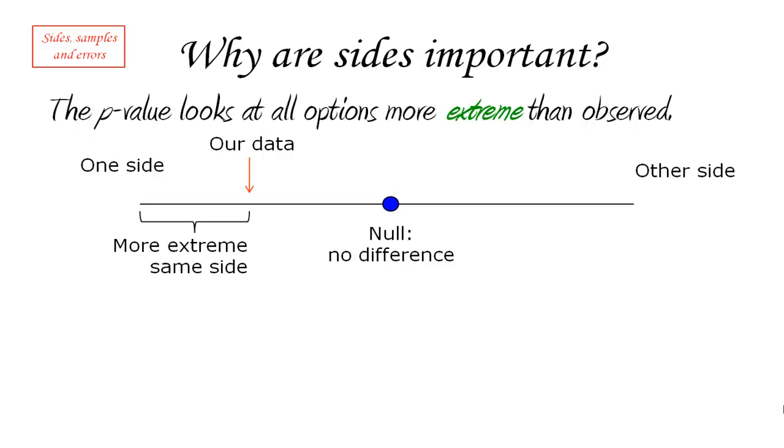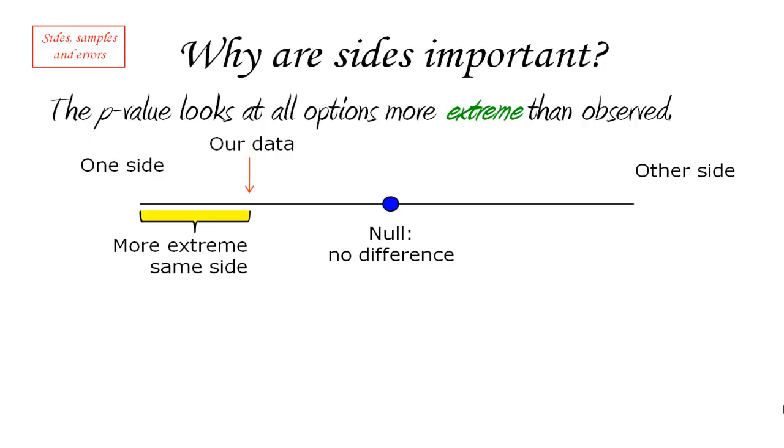So the p-value asks us, what's the probability that we're going to fall in there? If you look at this, you can think of this left-hand side region that we're considering as one tail of the possible range of options, and that's why this would be called a one-tail test. But on the other hand, when we started our test, we didn't know where the difference was going to be.